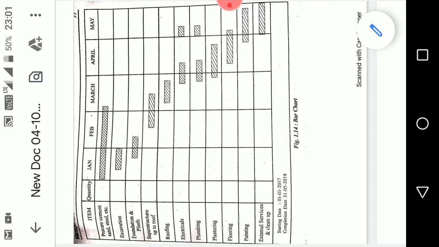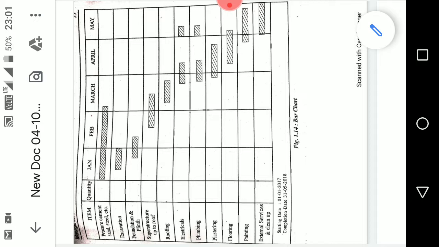Here in the figure you can observe the horizontal axis, it is representing the particular time span, and the activities given in the y-axis, that are procurement of cement, sand, steel or any materials, that falls from January to first week of March. So it will be known that the particular activity of procurement of materials starts from January first week and ends with first week of March.